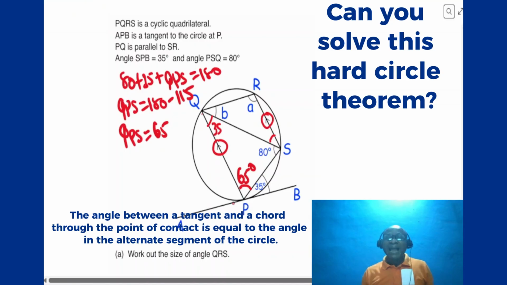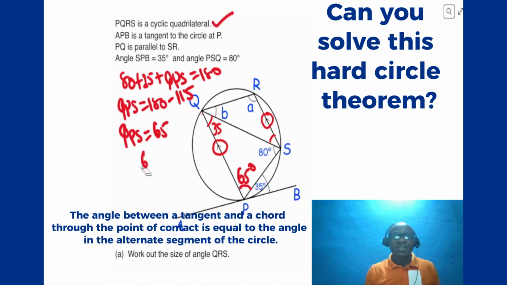Yes, sir. Now, they have already told us this information at the top, that PQRS is a cyclic quadrilateral, meaning it means that angle A plus what? 65. Hold on, I want to make it unique. So it means that angle A plus 65 should be equal to 180.